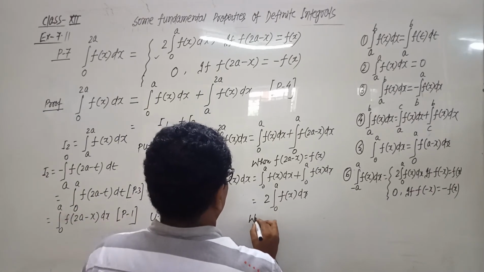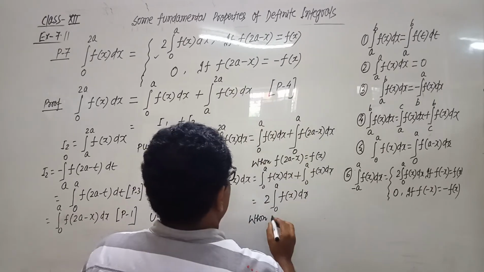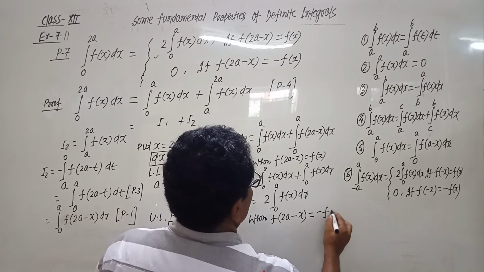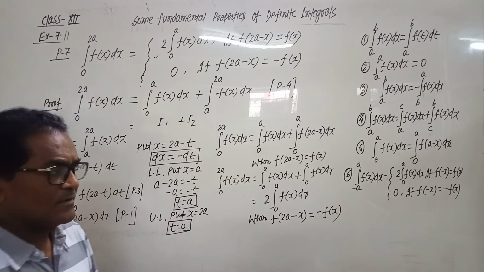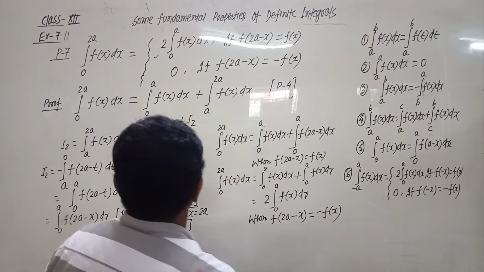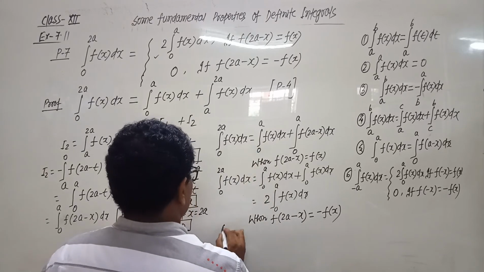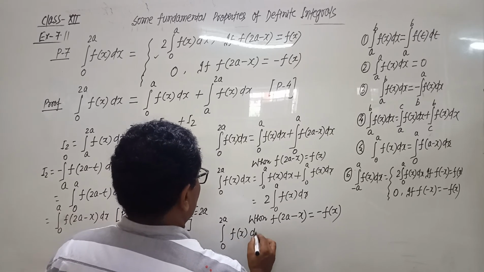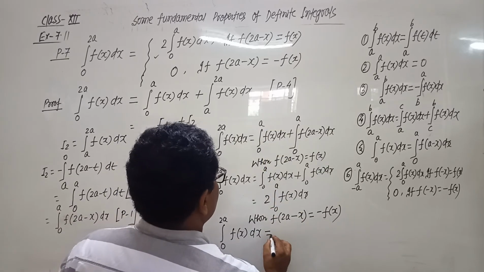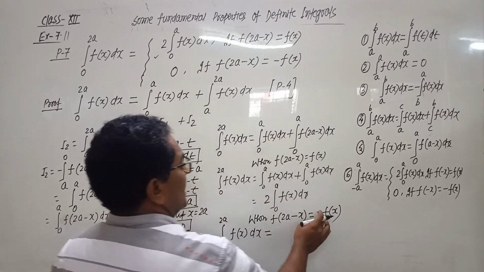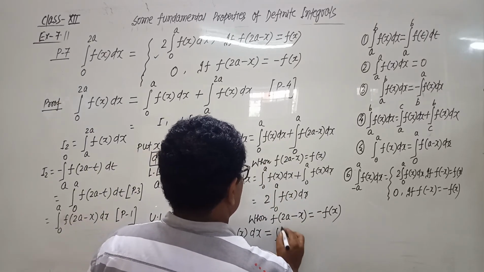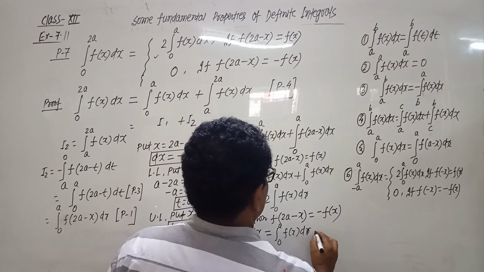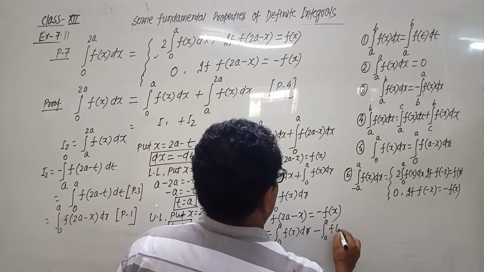And when f of 2a minus x is equal to minus of f of x, then this expression integration 0 to 2a f of x dx becomes 0 to a f of x dx, as it is, and f of 2a minus x is written as minus integration 0 to a f of x dx.